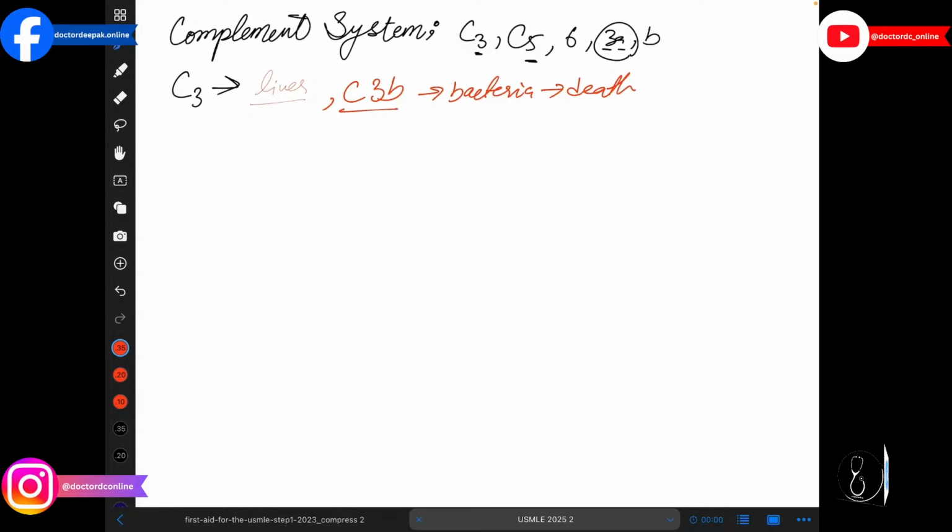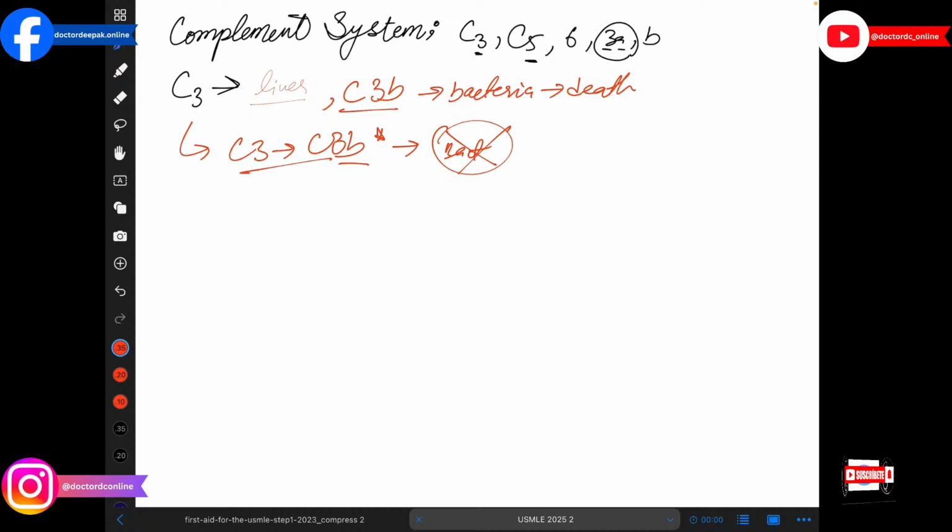All complement activation involves C3 to C3b. For all complement activations, we need a process for this activation: C3 is activated into C3b, and then it will cause the death of bacteria. They also use one component called MAC, the membrane attack complex.